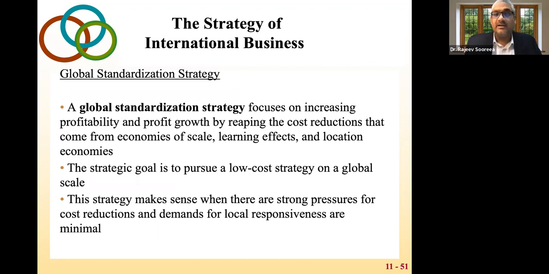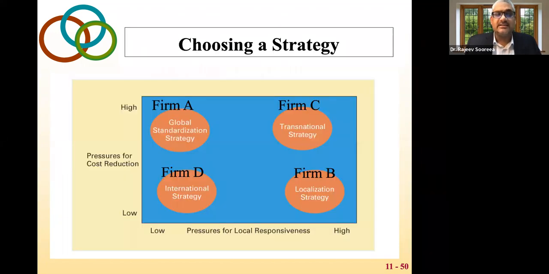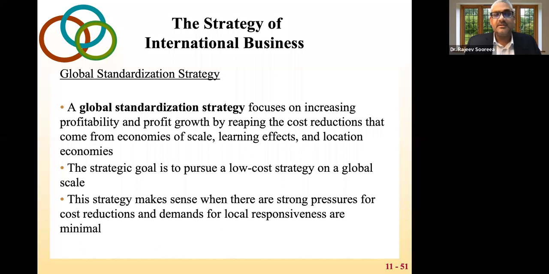Now, a global standardization strategy, that is firm A, focuses on increasing profitability and profit growth by reaping the cost reductions that come from economies of scale, learning effects, and location economies. The strategic goal is to pursue a low-cost strategy on a global scale.